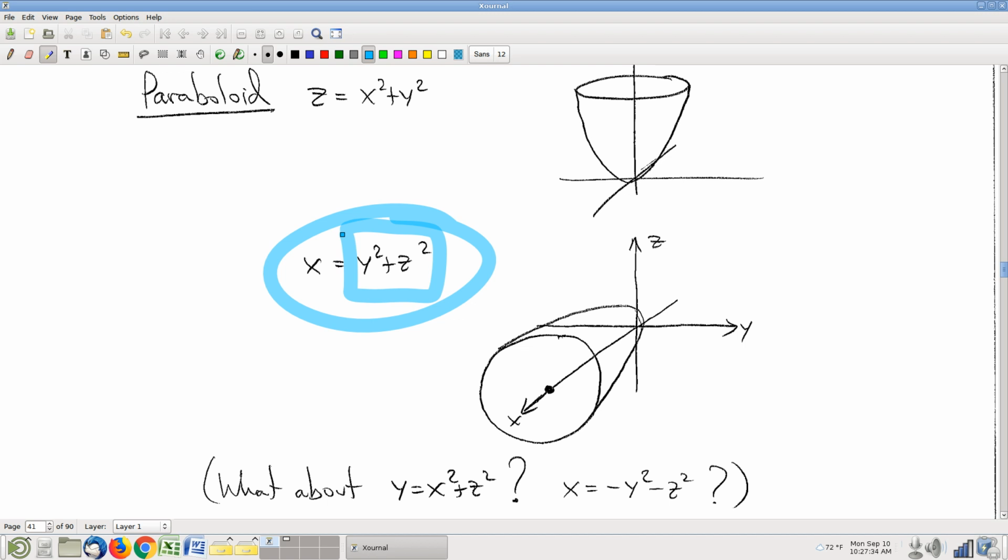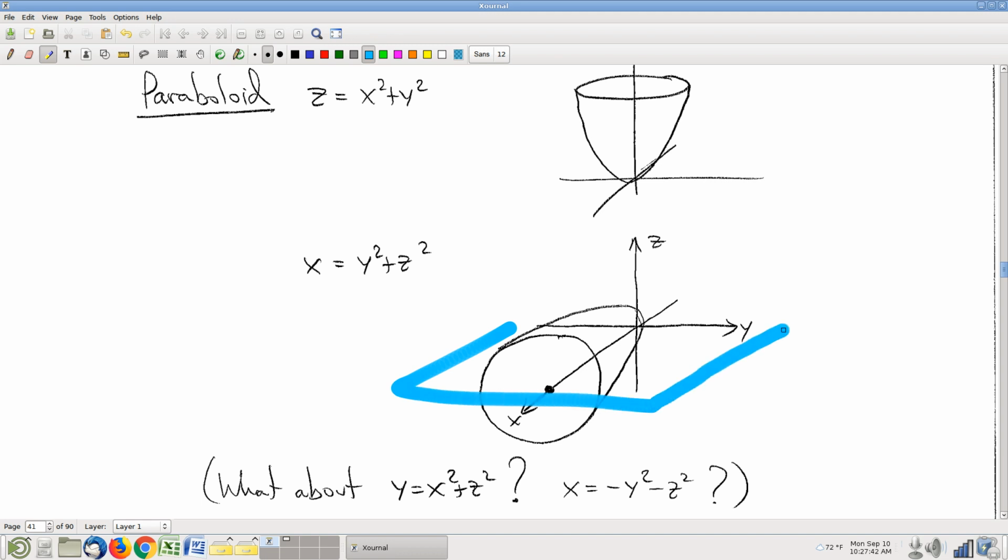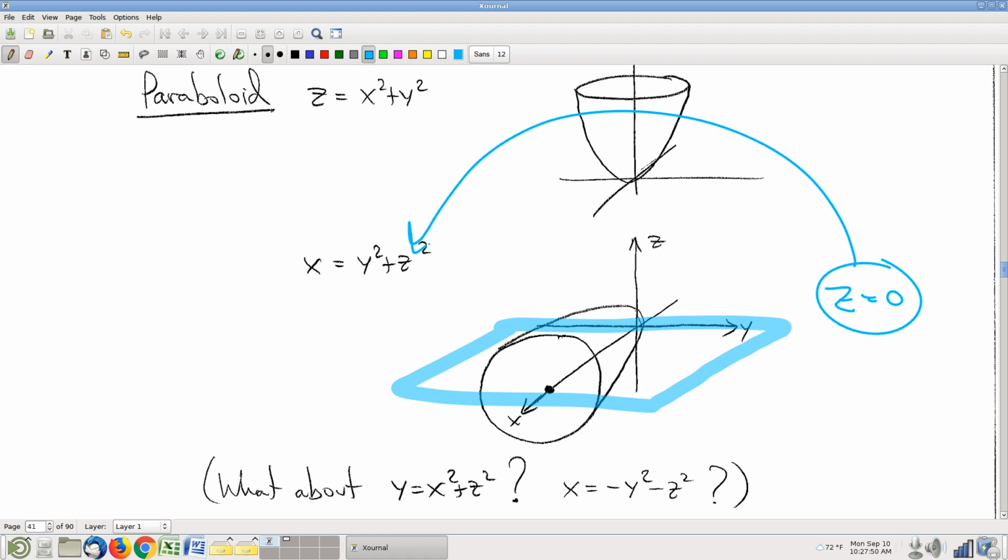Right, now okay, that alone doesn't resolve the problem, but it does mean all I have to do is look at any one cross-section. I'm going to look at this cross-section here where z is equal to 0. If z is equal to 0, plug that into there. This term goes away. I have x equals y squared.